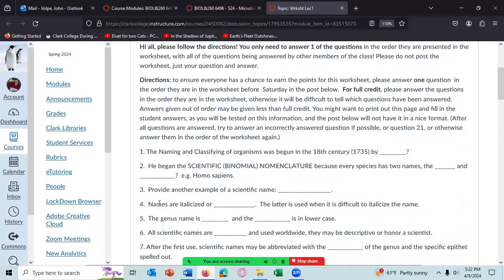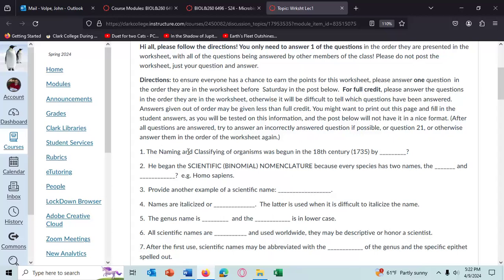And let's say 3 and 4 have been taken, and then you'll get question 5. You may not simply skip question 3 and say, oh, I like question 5, I'm going to answer question 5. If you do that, you will not get full credit. So the questions must be answered in the order they are in the worksheet. Otherwise, you will get a penalty, even if it's correct.